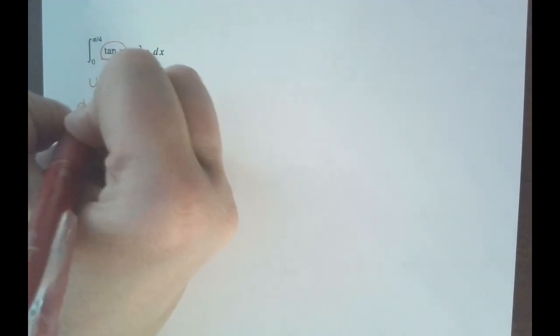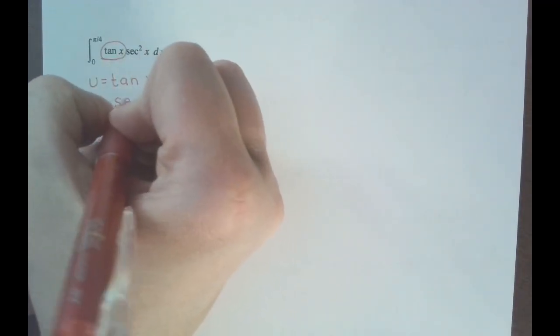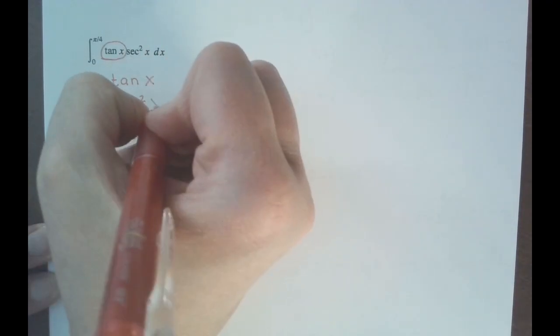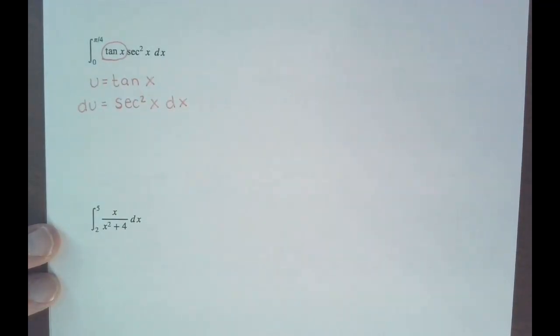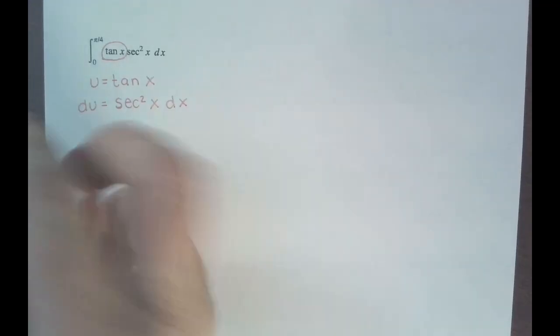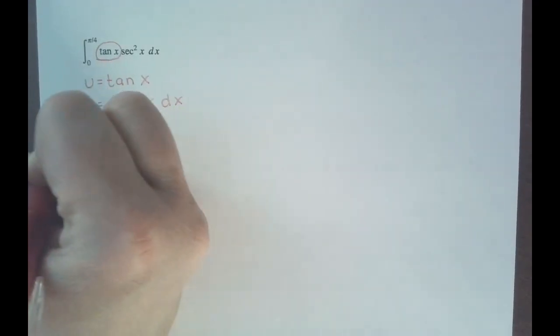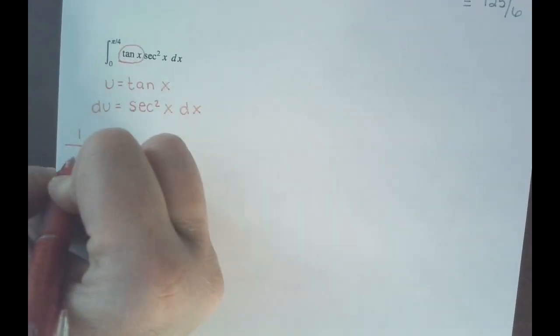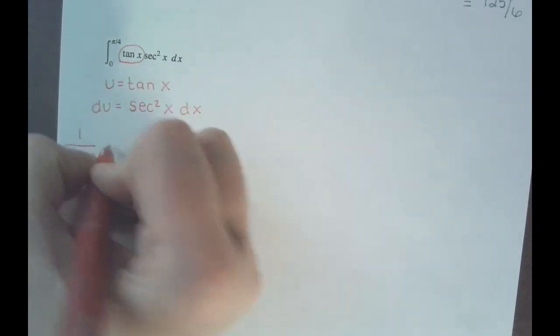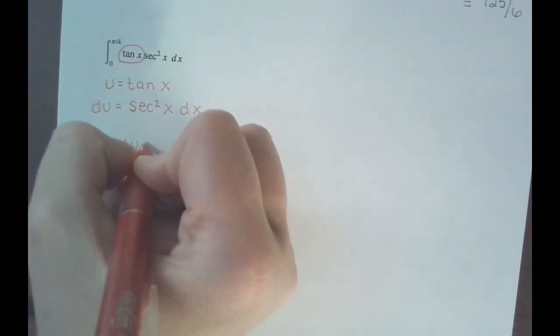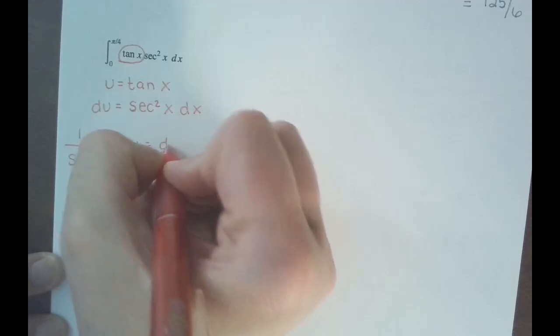which means du is the derivative of tangent, which is secant squared of x. All right, that should be looking a little bit convenient. When I move secant squared to the other side, I can write it as 1 over secant squared of x times du equals dx.